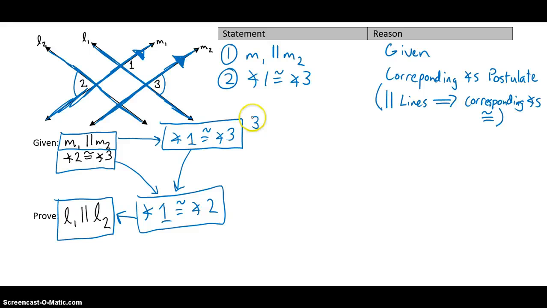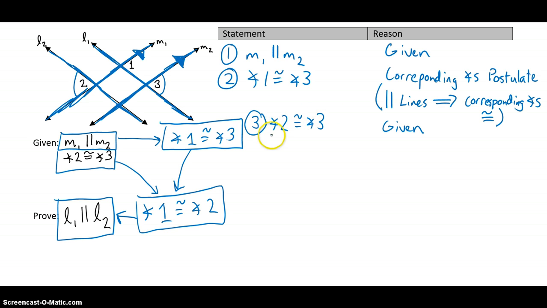Step 3. I'm going to hop to my other given: angle 2 is congruent to angle 3. Now if I look carefully, 1 and 3 are congruent, 2 and 3 are congruent.